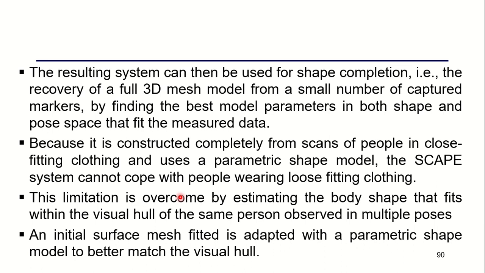This limitation is overcome by estimating the body shape that fits within the visual hull of the same person observed in multiple poses. An initial surface mesh fitted is adapted with the parametric shape model to better match the visual hull.